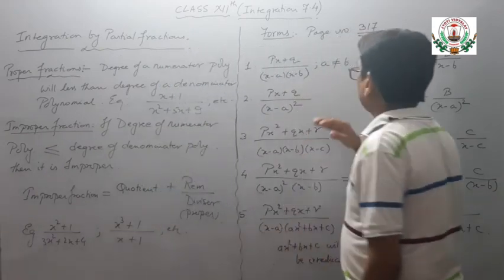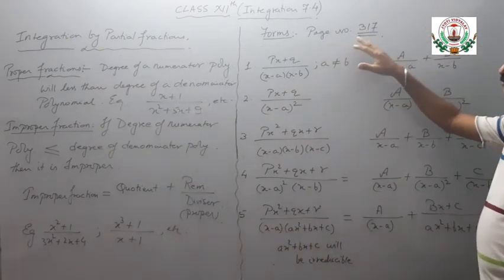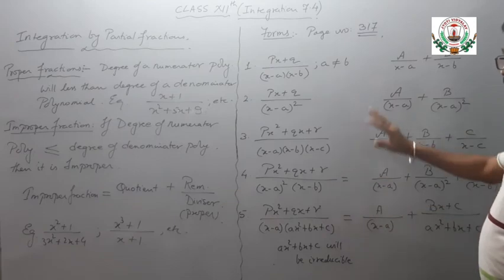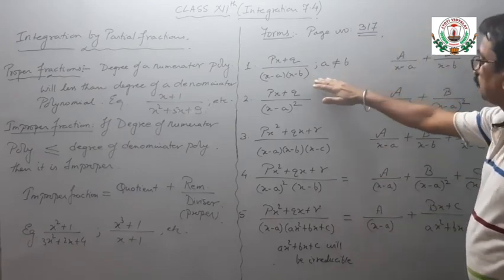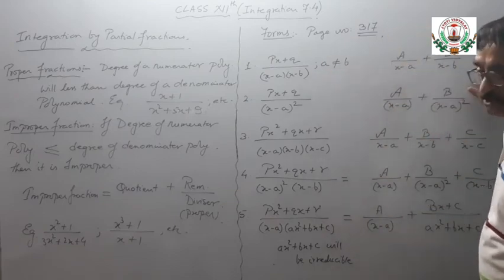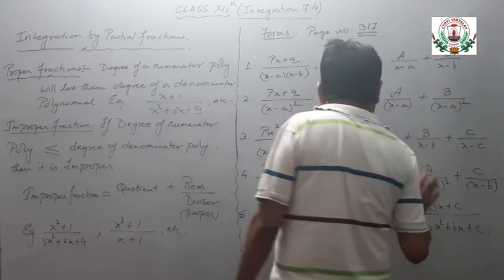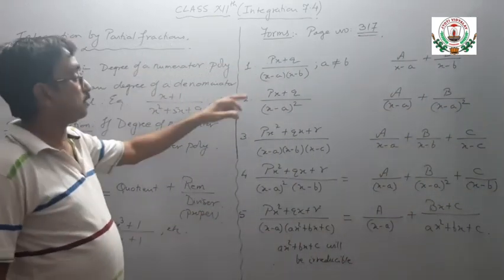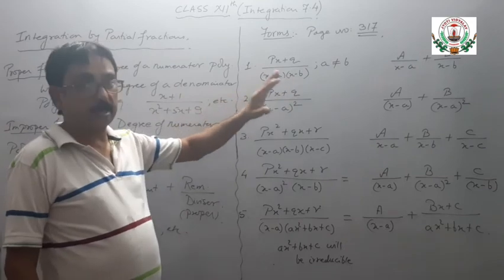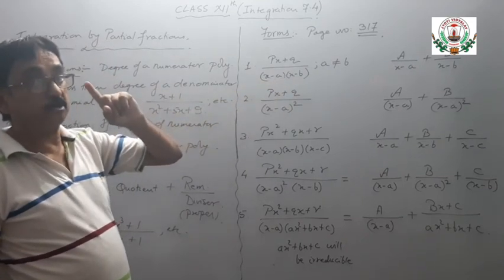Now, page number 317, some of the forms are given and you have to write them down. When this format is given, you have to write it in this way, and you have to learn it by heart. So, if the denominator, I am talking only about the denominator.